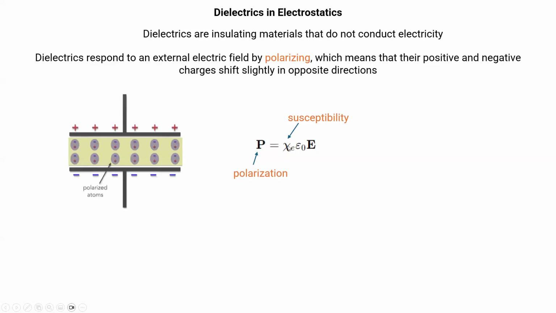So basically this function kappa describes the power, the strength of the polarization. Some materials polarize weaker than other materials.